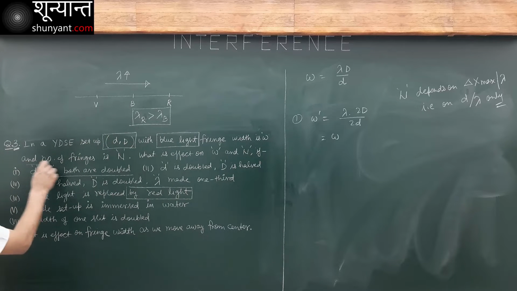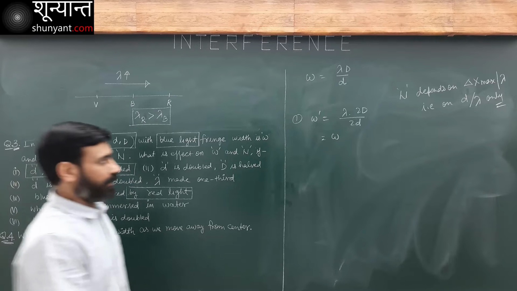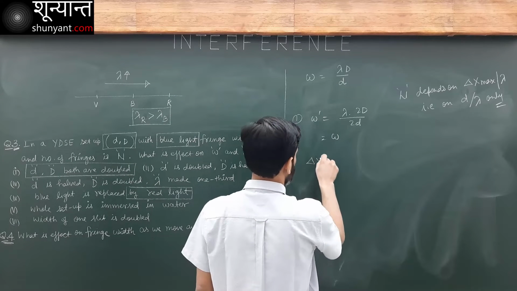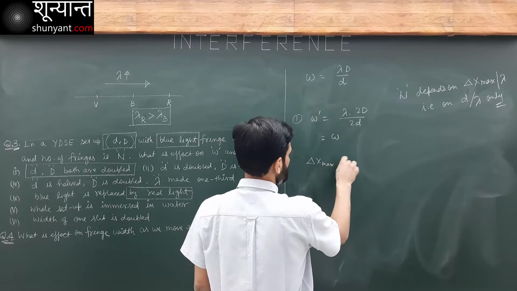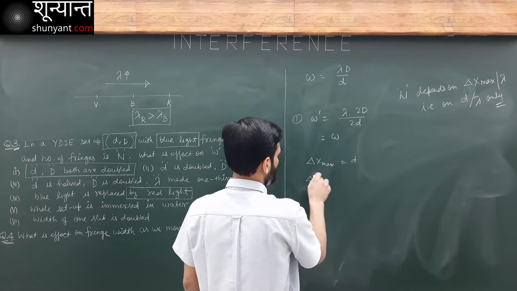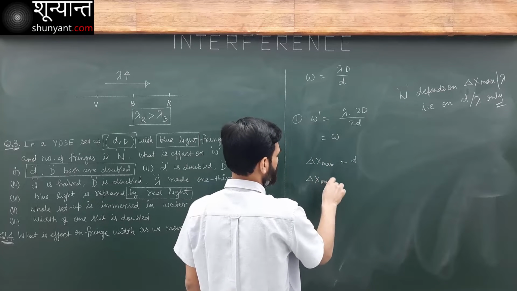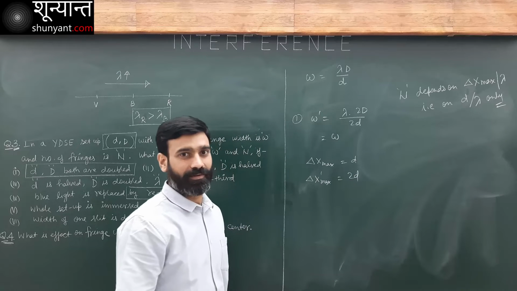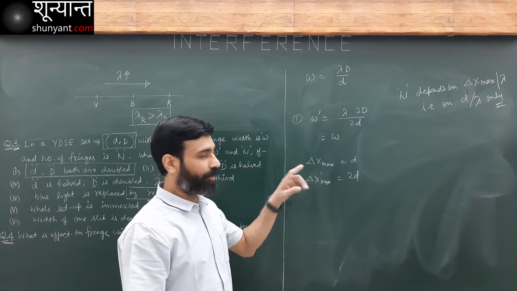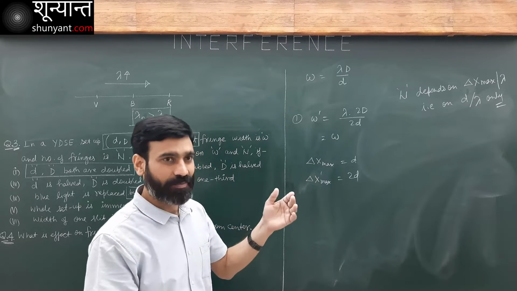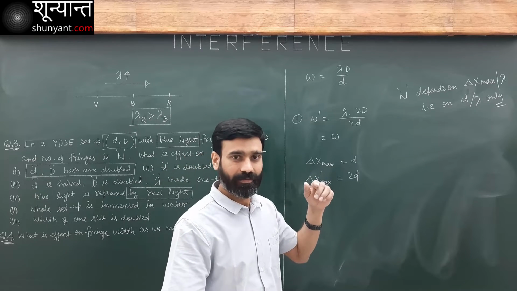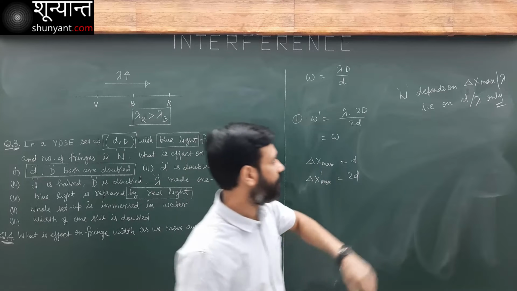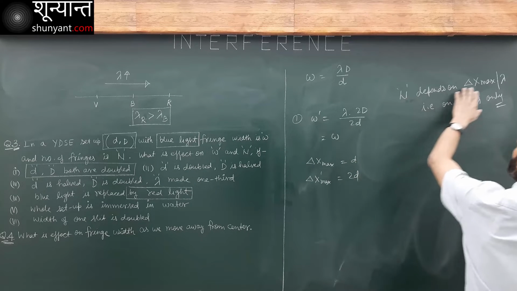Okay. d is doubled. Now x max is equal to d. What is the new maximum path difference? It becomes 2d. That means the number of bright fringes will change. It will become almost double, because this depends on delta x maximum.